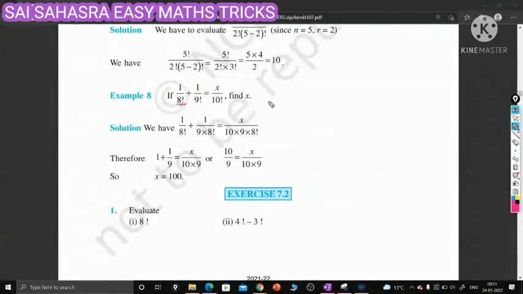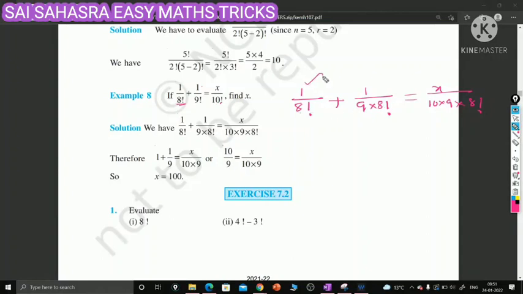1 by 8 factorial plus 1 by 9 factorial can be written as 9 into 8 factorial. x by 10 factorial, you write x by 10 into 9 into 8 factorial. And everywhere you can see one technique: 1 by 8 factorial, everywhere you can take common.